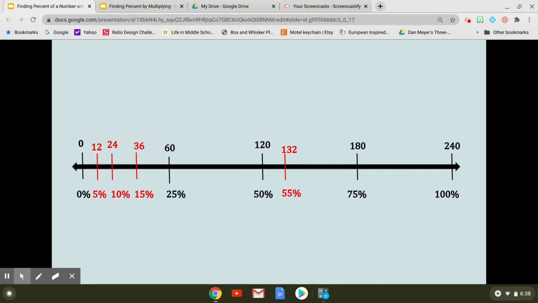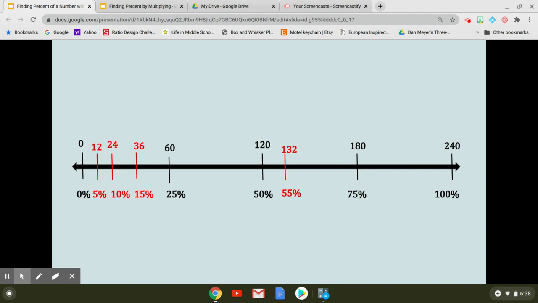Let's look at a different number. So let's look at the number 240. I might start out on a number line by putting 0% of 240, which is 0, and 100% of 240, which is 240. That's that number itself.